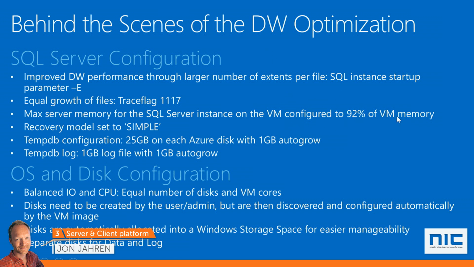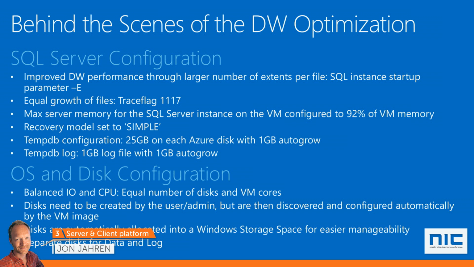In the database optimization, it's configured to reserve some parts for the OS. Recovery model for your database is set to simple. TempDB is set to 25 gig on each disk, and the TempDB log is set to 1 gigabyte. And there is also some OS disk and disk allocation, where disks are automatically allocated into one Windows storage space instead of you needing to map one data file for each disk in a specific file group.